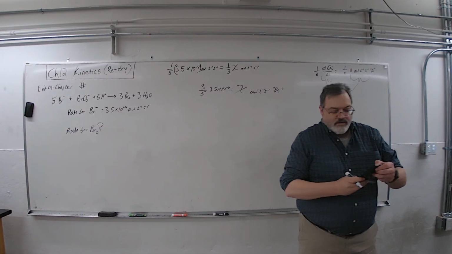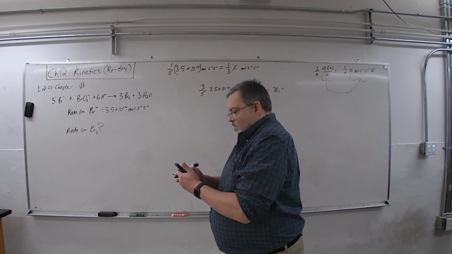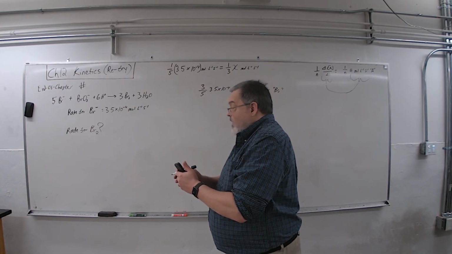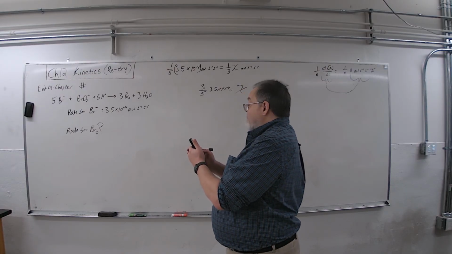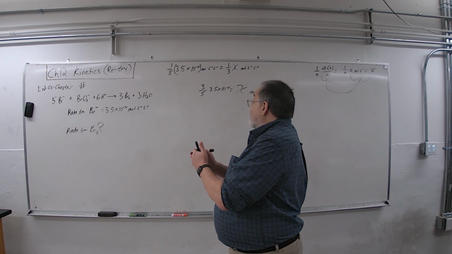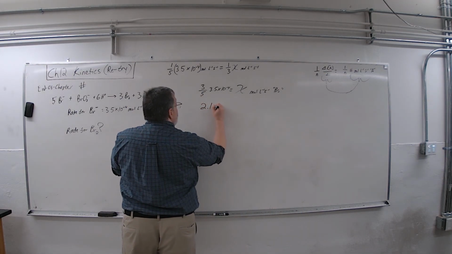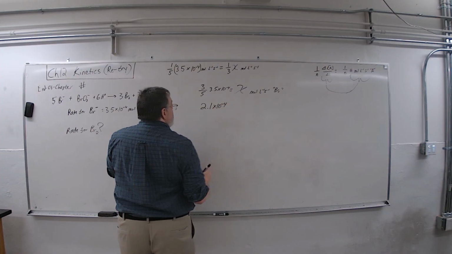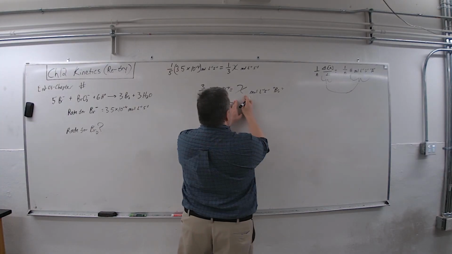Let's see what happens. The way I do it on my calculator is 3 times 3.5 divided by 5. It gives me 2.1. So that's what goes in for X.